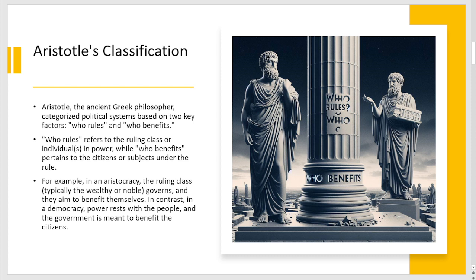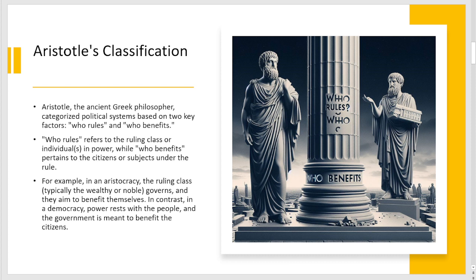And when he talks about those who benefit, this is referring to whether the rulers govern in the common interest or in the interest of a few. So in the common interest, that would be genuine rule, and in the interest of few, that would be perverted.